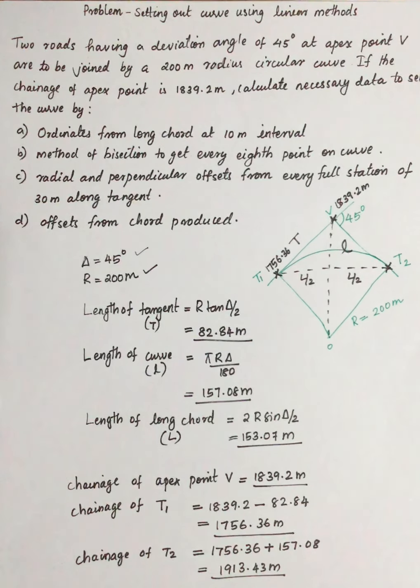Okay, chainage of apex point V was given. From that you calculated the chainage of T1, chainage of T2. All these data are required to solve the problem using 4 different linear methods. Okay, hope it's clear to you.